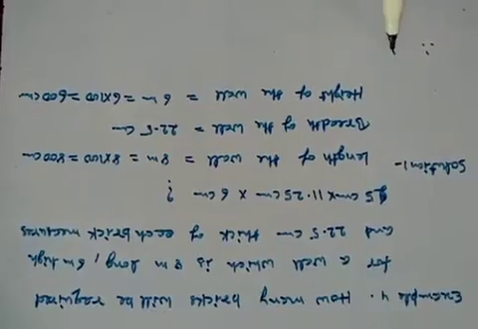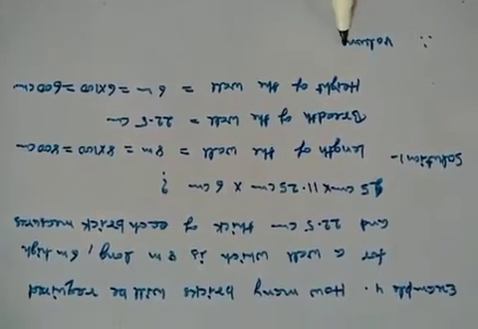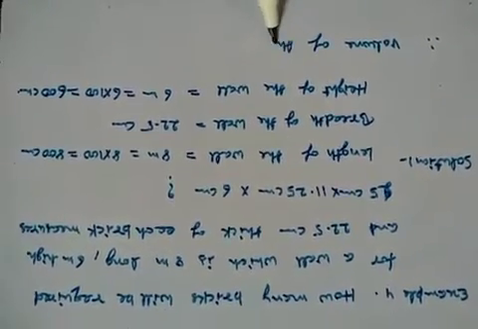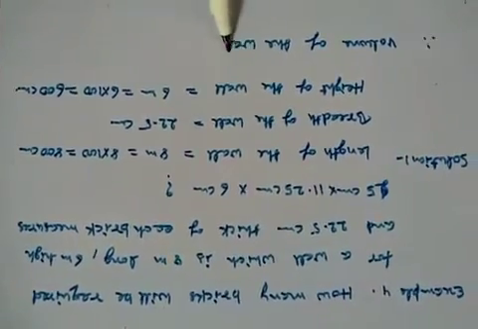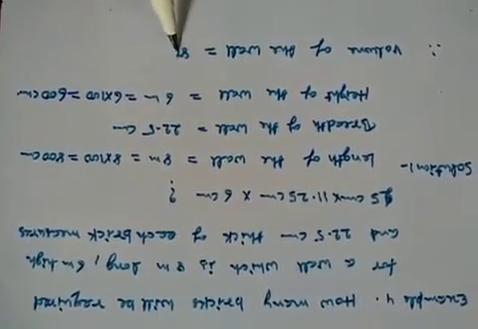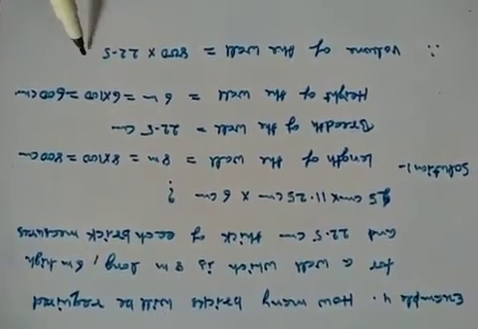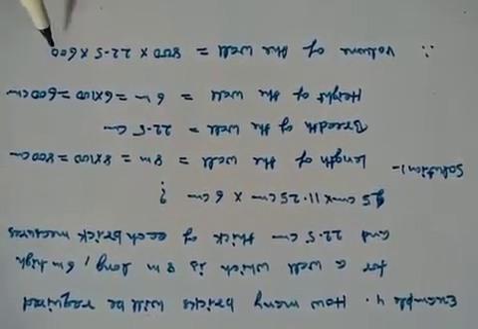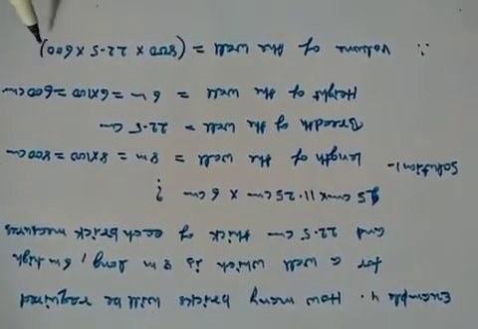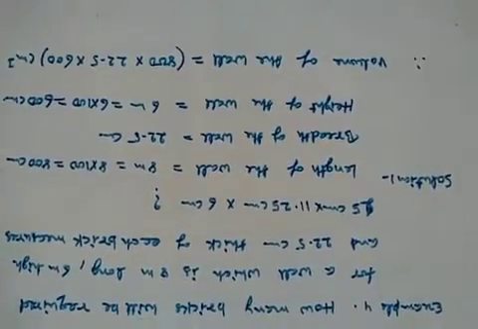So volume of the wall equals 800 into 22.5 into 600 centimeter cube.